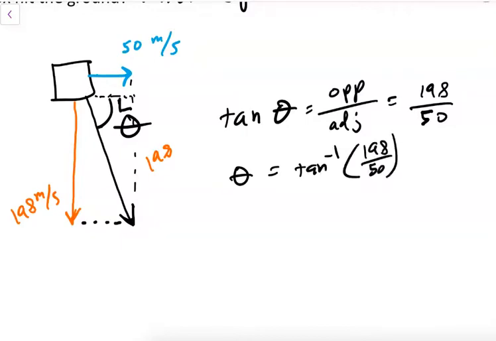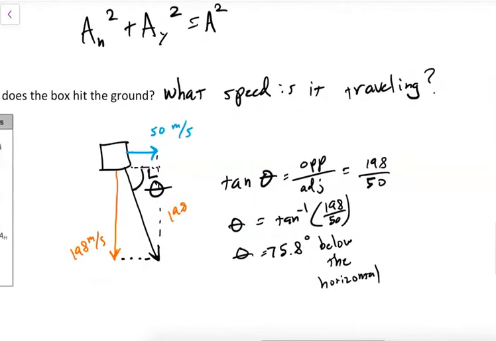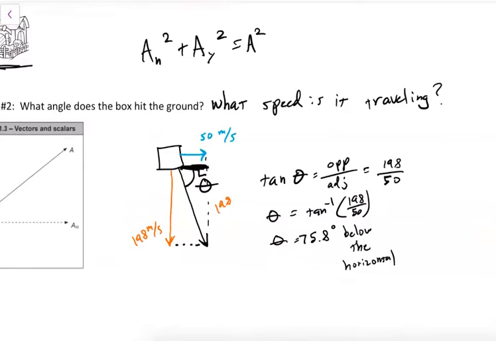If what I just did feels uncomfortable for you, I highly, highly suggest practicing through the vectors worksheet. Make sure that you are in degrees and not radians. And I would find that my theta is 75.8 degrees, and I need to write below the horizontal, because my horizontal is this right here, and my angle is below that. Okay, that's the angle that it hits the ground at.